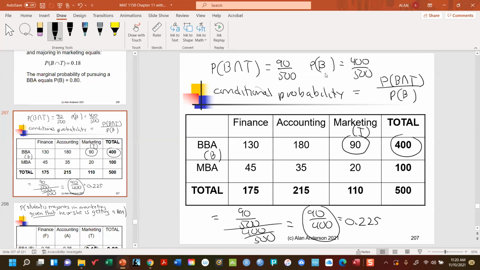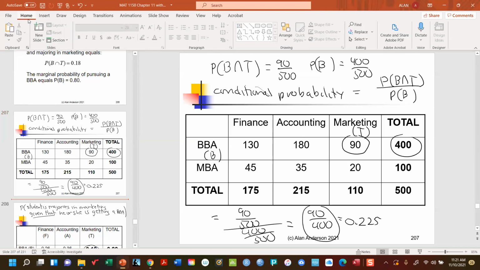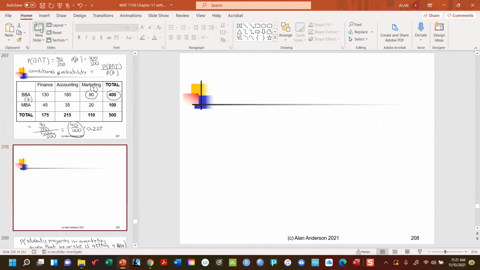Now, there's some notation that I want you to know about. Instead of writing the words, given that, we're going to introduce a new way of expressing this type of probability.